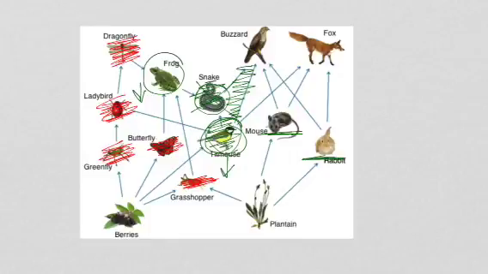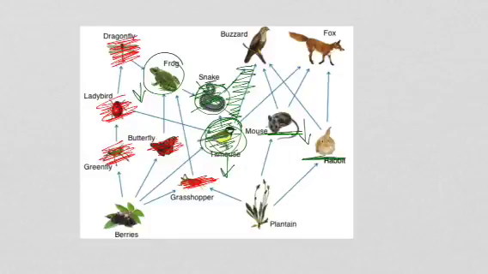So what do you think is going to happen to the populations immediately of mice and rabbits? Even though the mice and the rabbits don't actually eat any of the insects, they will still be impacted if some of these organisms are removed from the food web. Every organism, the entire food web, gets impacted one way or another.